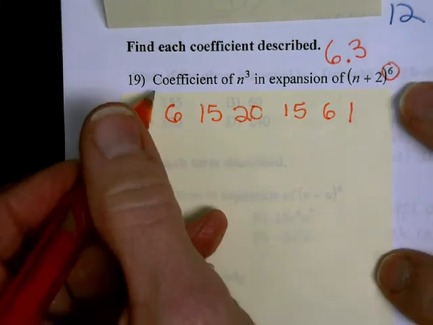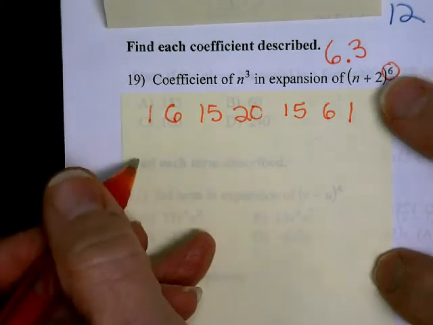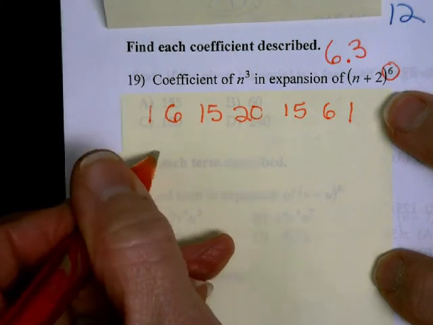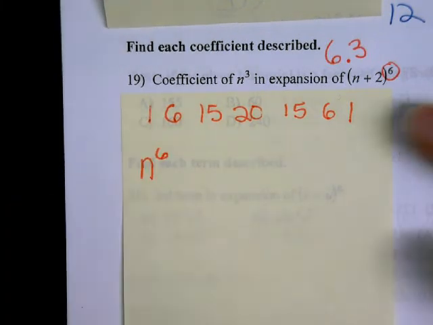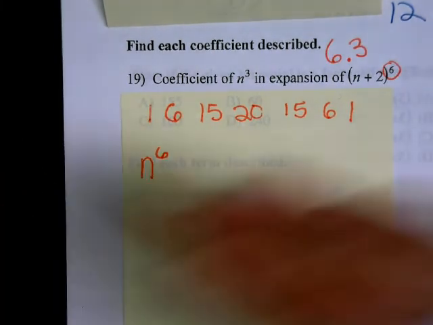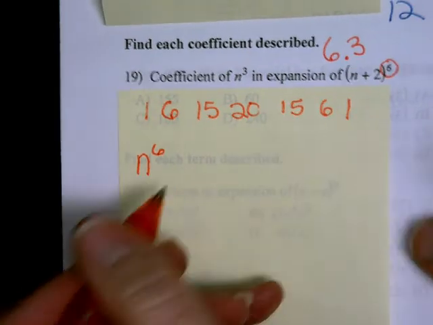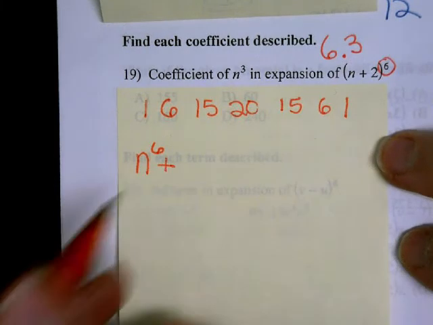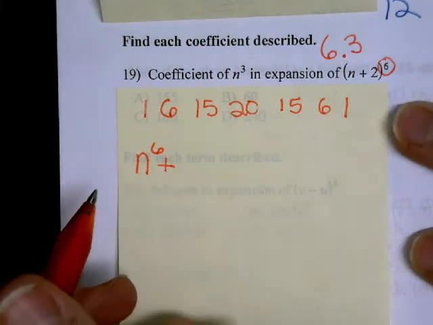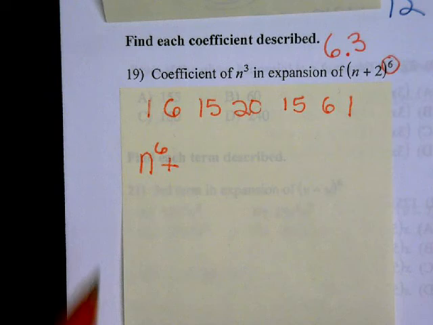So now the expansion always starts with the first term of the binomial to the highest power there is. The reason I don't write a 1 in front is because 1 times anything is the thing. So that's why I just put n to the 6. Then I always add, and I worry about the signs later.